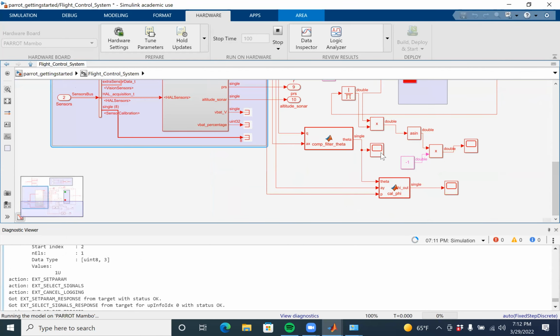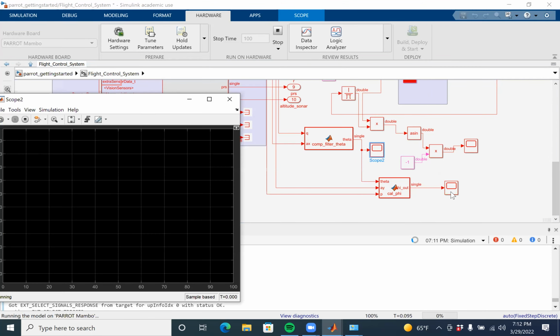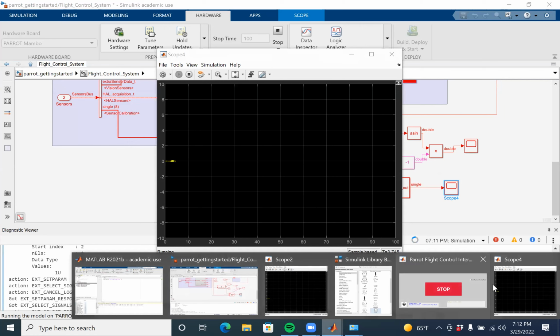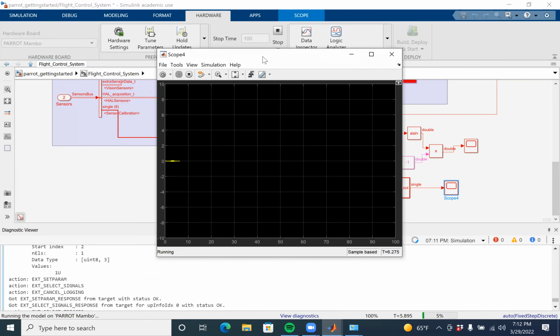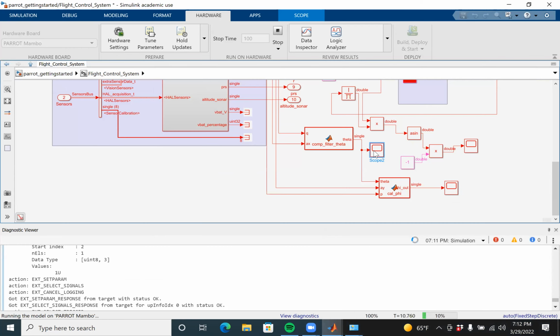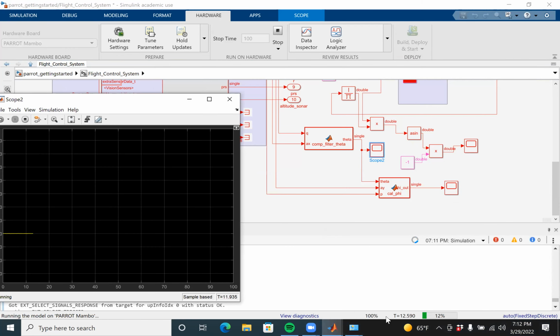And then you can see, so you should be able to see scope 4 and scope 3, scope 2. Now check this out.